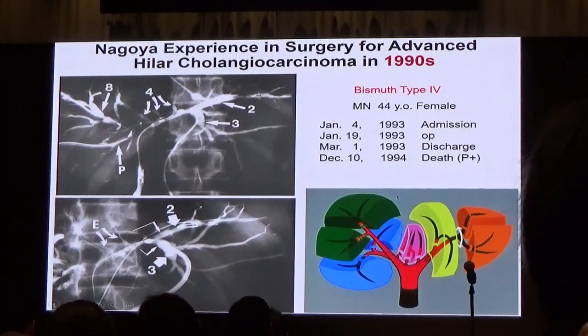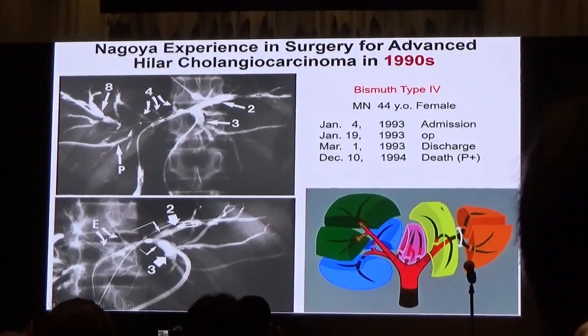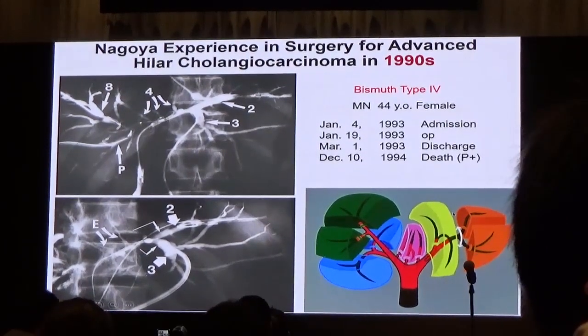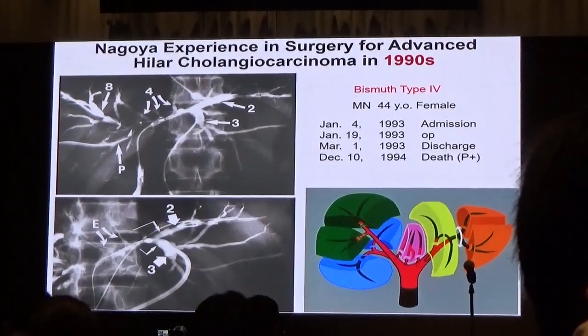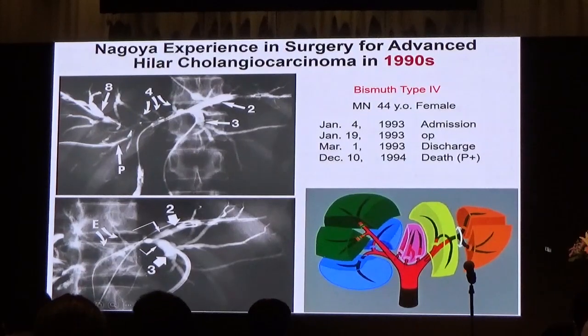And the resection line is scheduled here on the left lateral side of the falciform ligament, and to resect the segment 2 and 3 ducts here, proximally to the junction of 2 and 3.